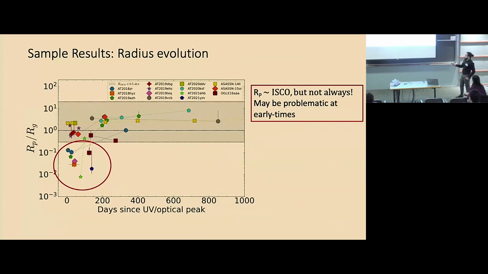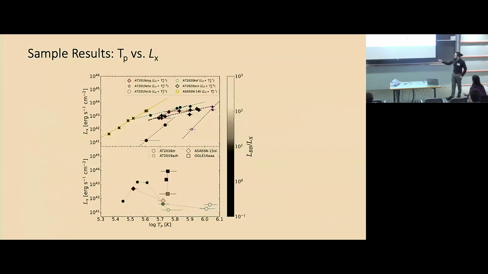So for all the other sources, yes, the X-ray radius follows the ISCO, but for these early times, for some of the sources, there's this problem here. And you can see, again, the same thing in the relation between X-ray luminosity and temperature. Several sources show some correlation between the two parameters, but the sources that have that faint early phase have this completely uncorrelated relation between the parameters.